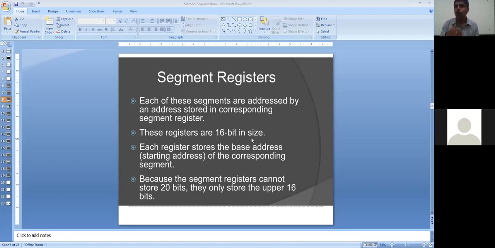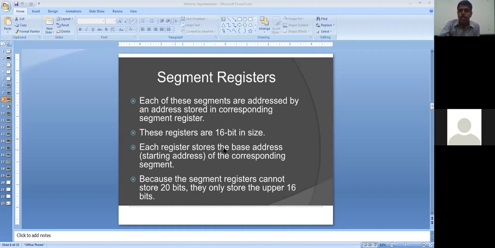You can hold only an address of maximum 16 bits, so you can address only up to 2 power 16. Can you calculate how much is 2 power 16? It comes to around 64 kilobytes.